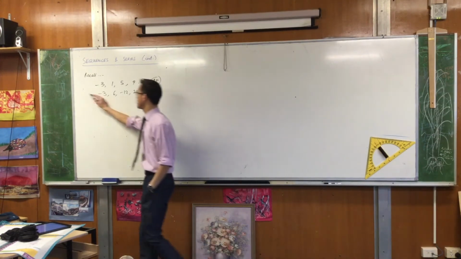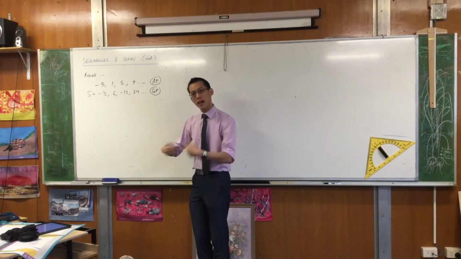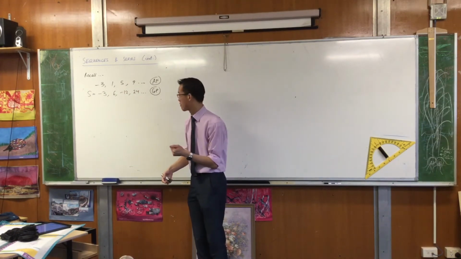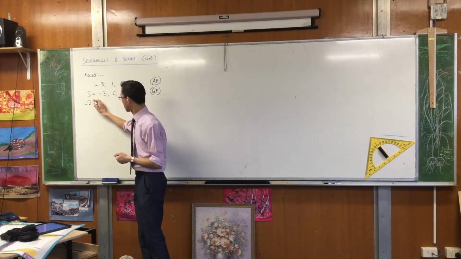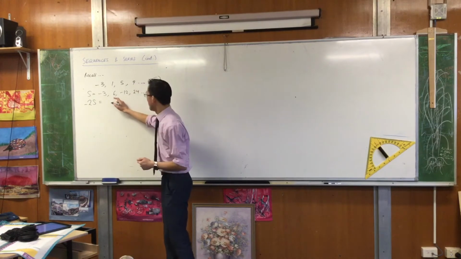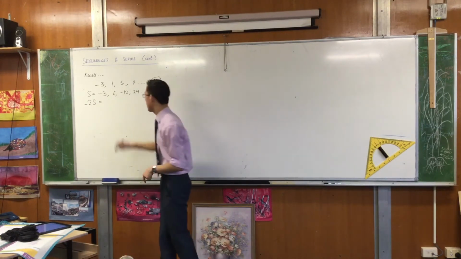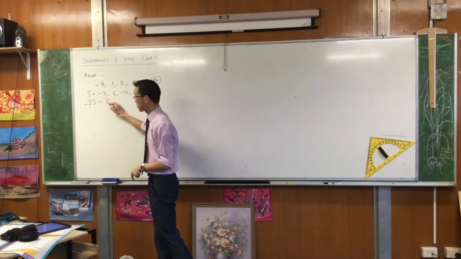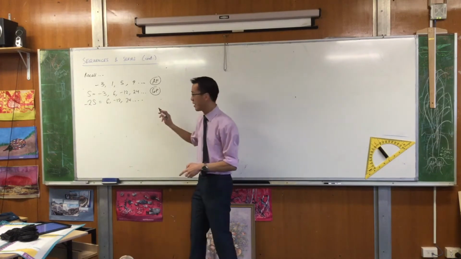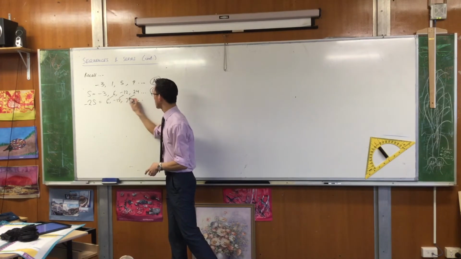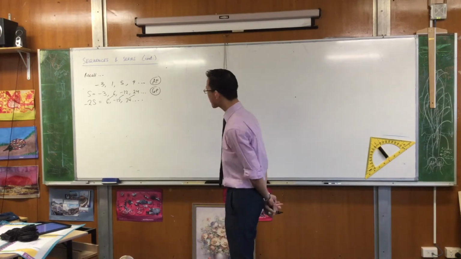If I said, okay, here's a sequence, if you multiply everything by that common ratio, so what did we say the common ratio was? -2. So if I multiply everything by that, then every term turns into the next term, right? So this -3 will turn into a 6, this will turn into a -12, this will turn into 24, and so on, okay? And because you can match up these terms, you can, again, find the sum of the series in quite a nice, neat way.